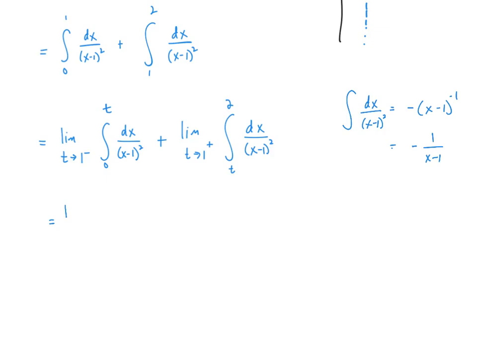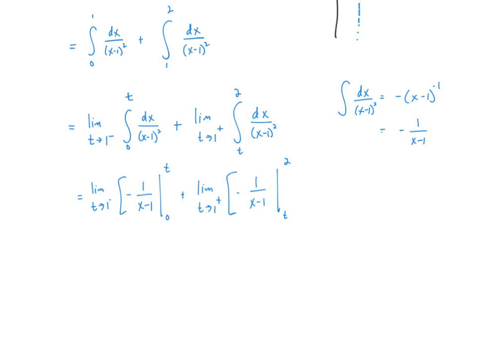So now we know this is really the limit as t approaches 1 from the left of negative 1 all over x minus 1 from 0 to t, plus the limit as t approaches 1 from the right of negative 1 all over x minus 1 from t to 2.